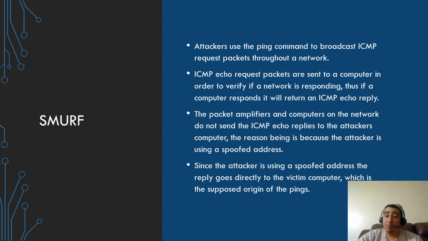Now, the packet amplifiers and computers on the network do not send the ICMP echo replies to the attacker's computer. The reason is that the attacker is using a spoofed address. Since it's a spoofed address, it's not going to go to his or her computer. The reply will go directly to the victim's computer, which they're spoofing, which is the supposed origin of the pings. So it's not really the one pinging the request. This is the supposed one that the computers are seeing.